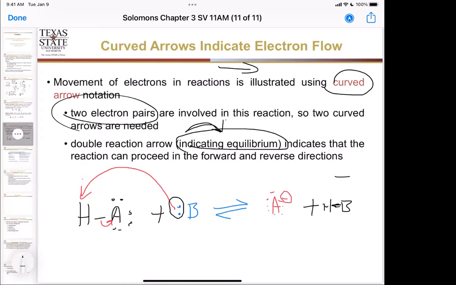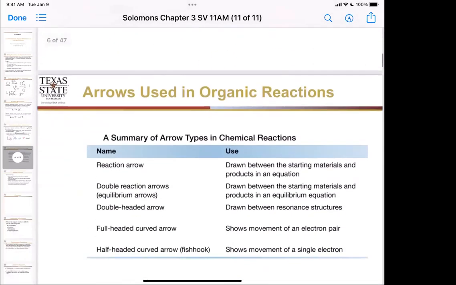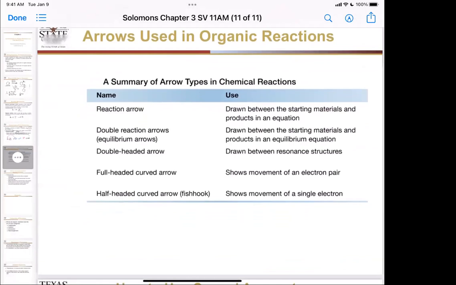Okay, all right, let's see. So to review, the reaction arrow is drawn in just one way, that way. It tells what you started with is on the non-arrow side, what you ended up with is on the arrow side, okay? The double arrow means that it can go in both directions in the reaction.